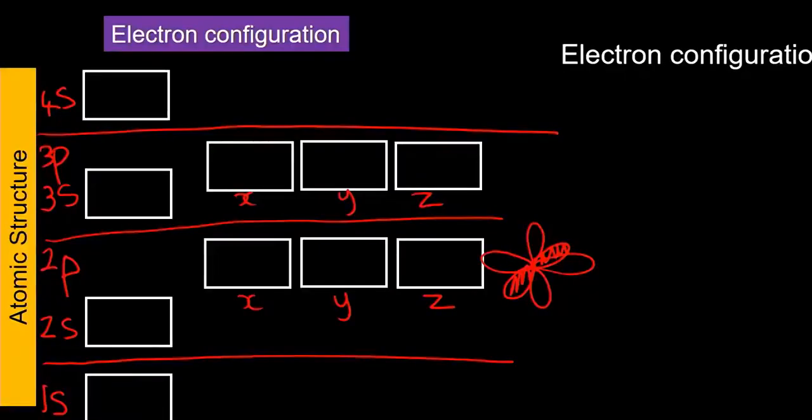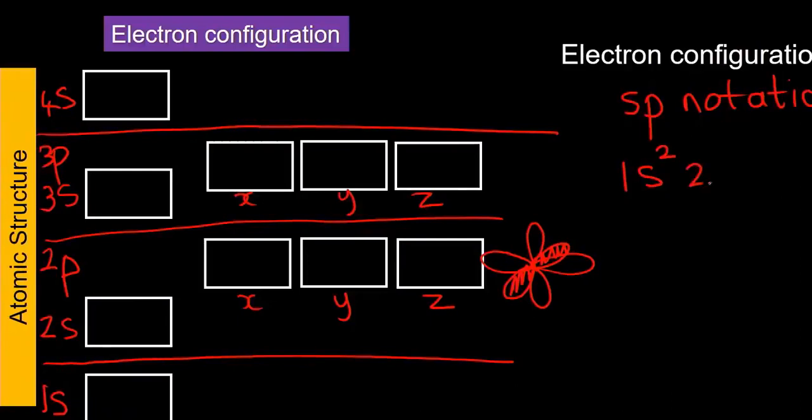So instead of drawing the energy level diagram, we can also write out the electron configuration in the spdf notation. It's almost like a shortened version. We write 1s, and we know that a maximum of 2 electrons can fit in there.